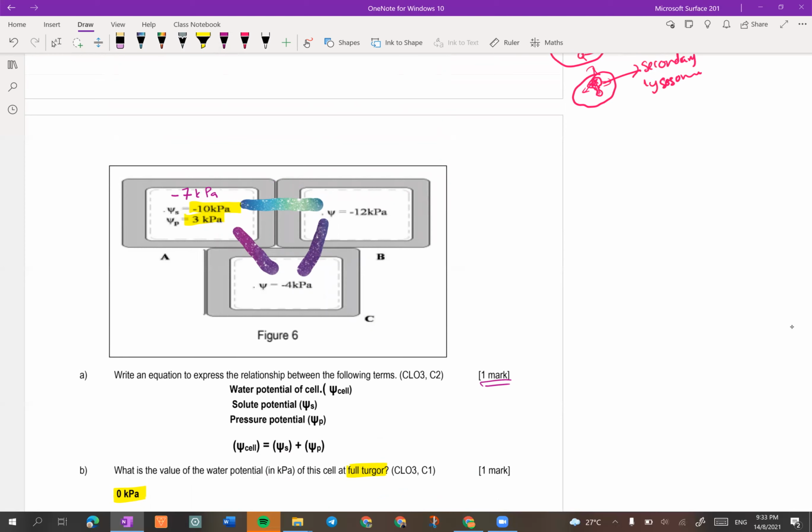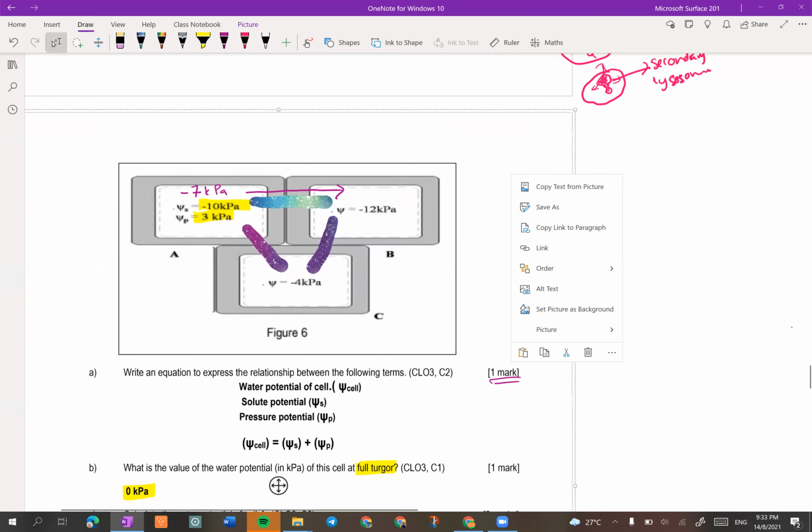Due to A being less negative compared to B, less negative means it is richer, more positive. So it has a higher water potential, so it will move to here.